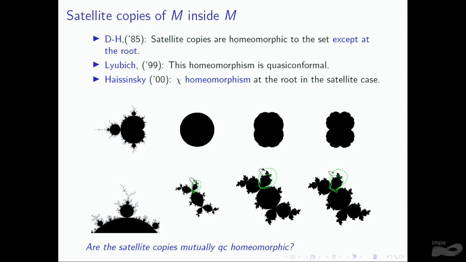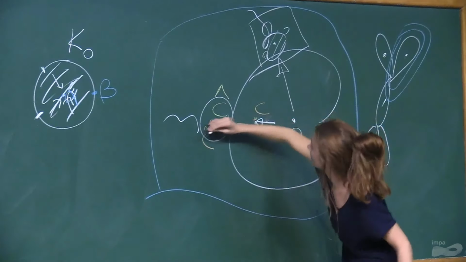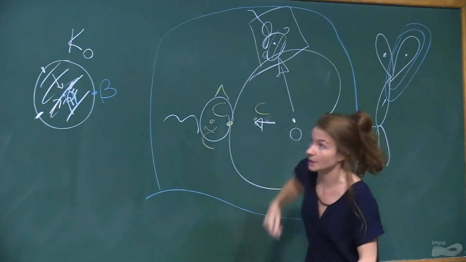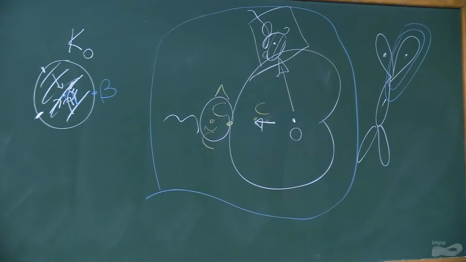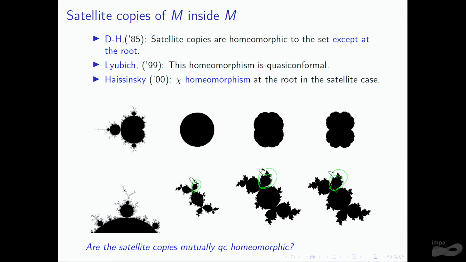Well, we saw the problem going in this direction. Now we look at the problem in the opposite direction, which is here, the filled Julia set of the center of the period 3 component.